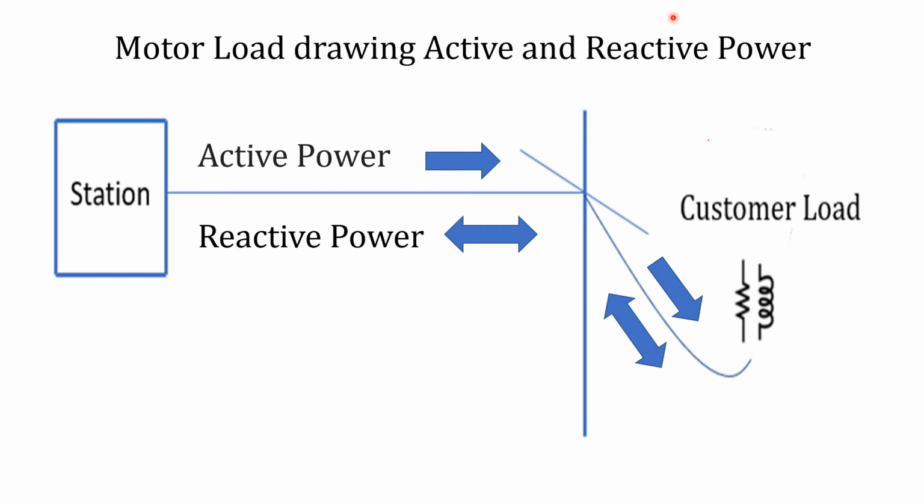Again, this combination of active and reactive current flows from the substation all the way down the line to the customer.